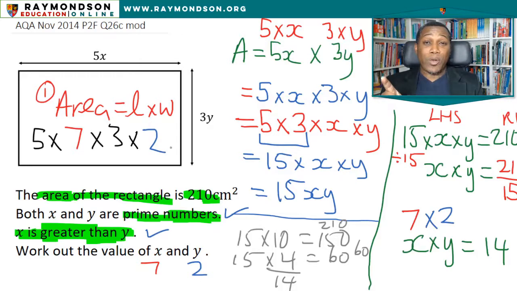Order doesn't matter in multiplication. So what's the fast way to do this multiplication? 5 2s are 10. 10 3s are 30. 30 times 7, 210. Or simply 5 2s are 10, 7 3s are 21. 10 by 21 gives you 210 centimeters. So we are sorted.